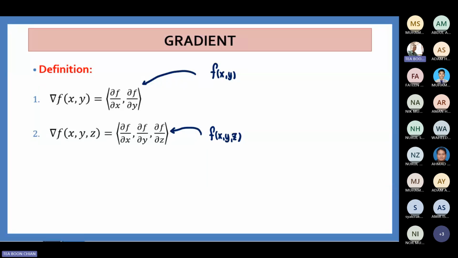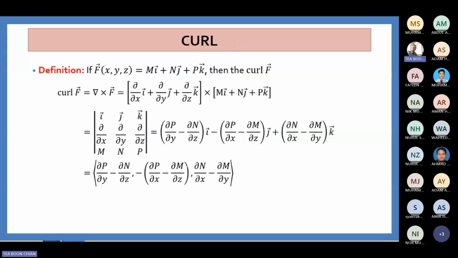Next, curl. Curl is certainly a vector function. So whenever you have curl f, vector f, this curl means del cross. Whenever you have del cross f, be careful. This is the setting. The first row should be the directions i, j, k. The second row is the notation of del.